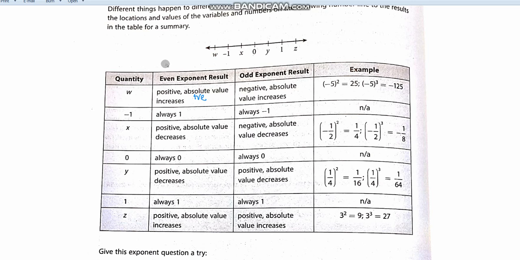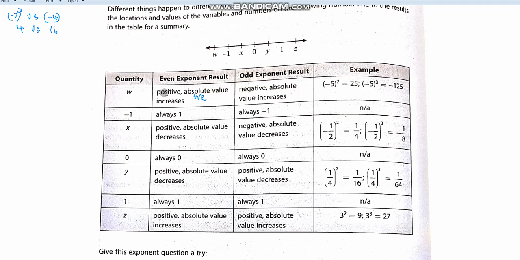Absolute value positive, and this positive value will increase. As I explained, -2 squared versus -4 squared: 4 versus 16. You get a positive value, and it is increasing.